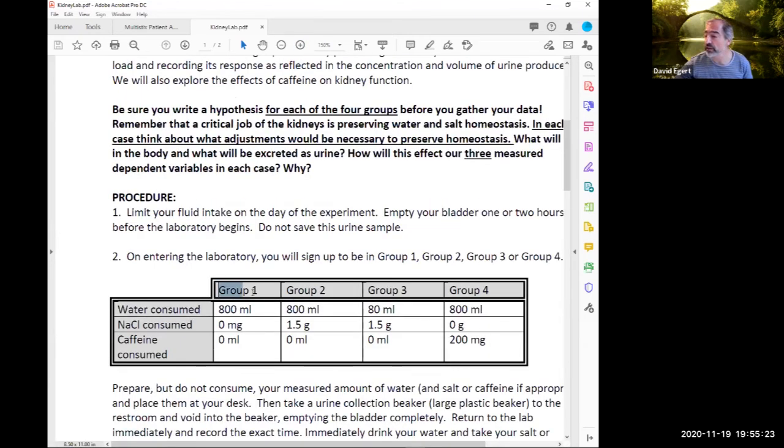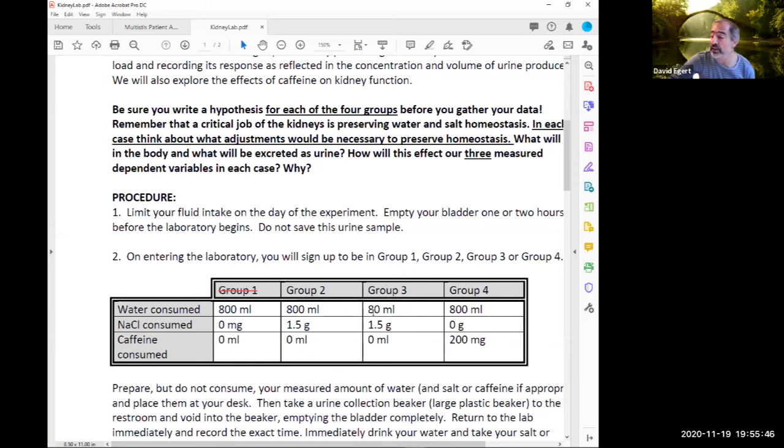Group 1, Group 2, Group 3, and Group 4. Group 1 is drinking lots of water and no coffee, no caffeine, or no sodium chloride. Group 2 is taking a lot of water and also taking in salt.